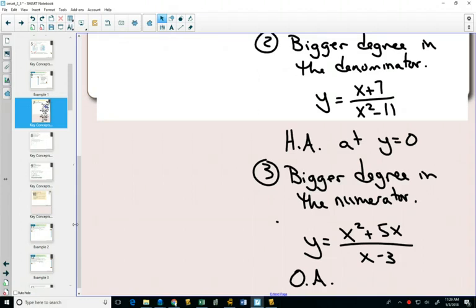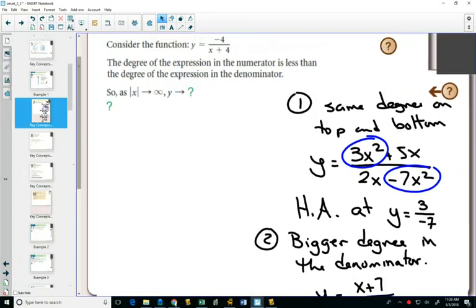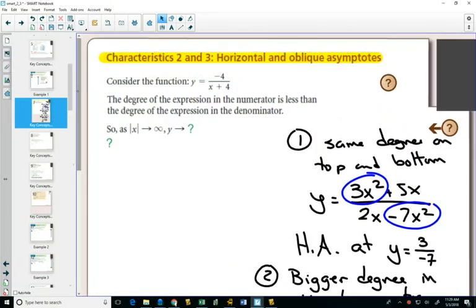So let's look at the 3 examples they've got here. The first example. What's the largest degree? It's an x to the 1. What do we have? Do we have situation 1, same degree, bigger in the bottom, or bigger in the numerator? Well, our x is in our denominator. It's bigger on the bottom.